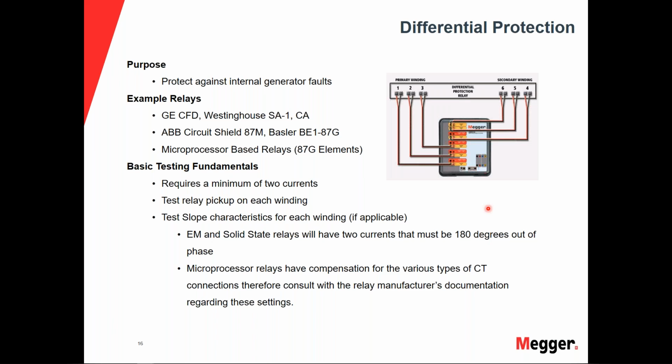You could have a little bit of deviation in the phase angle of the CT. You could have a little deviation in the errors and the ratios and so forth, and CT saturation. So what ends up happening is that we want to check a slope.